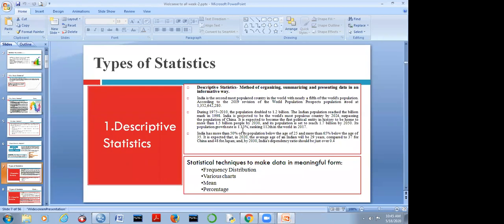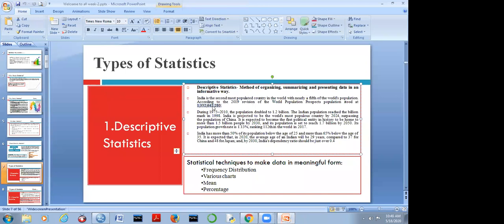India is the second most populated country in the world with nearly a fifth of the world population, according to the 2019 revision of the World Population Prospects. The population stood at this figure. It is the second most populated country worldwide, and the population is this many crore.